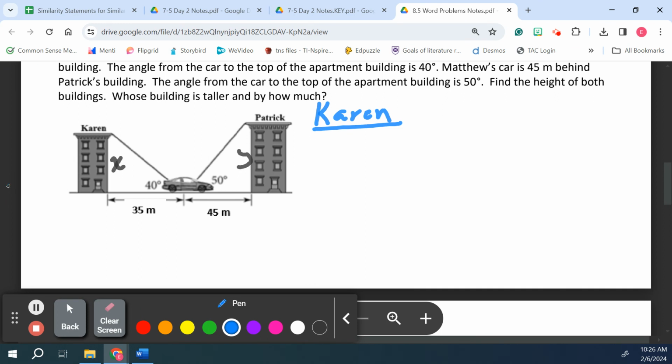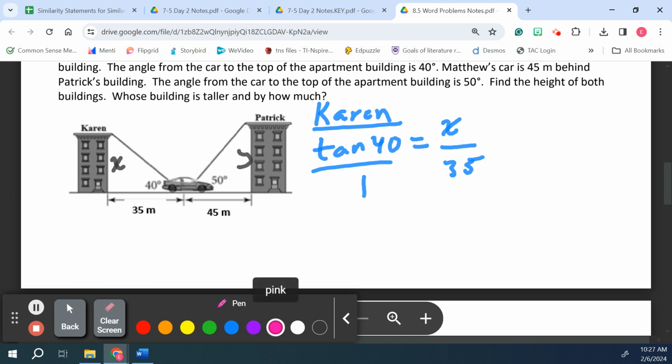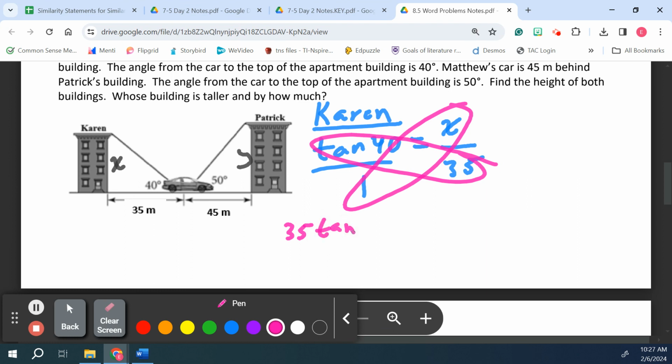Tangent. All right, so we're going to have the tangent of 40 degrees equals the opposite x over the adjacent 35. Put this over 1, and we're going to cross multiply. So this leaves me with 35 tangent of 40 equals x.